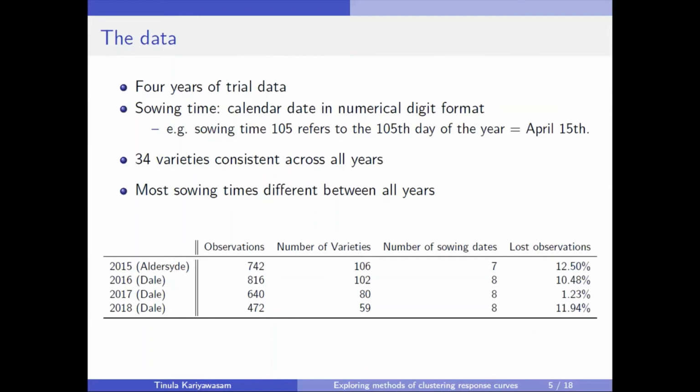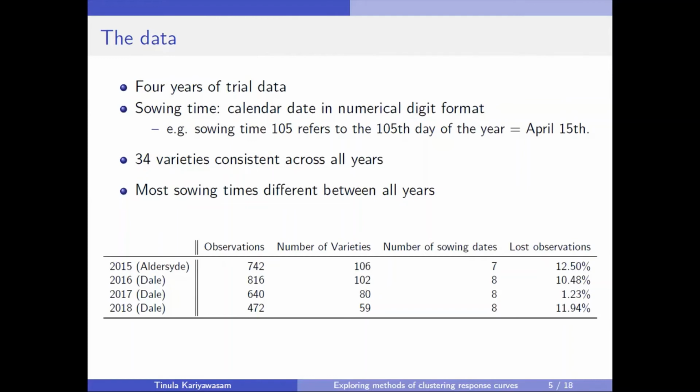And each year the sowing times weren't consistent across all 4 years, so different sowing times, but between the same period that we referred to historically. So there's inconsistent sowing times, and the biggest one that we'll come to as well is that there were only 34 varieties that were consistent across all 4 years. I'll touch on that a lot more later, but that's something to keep in mind.